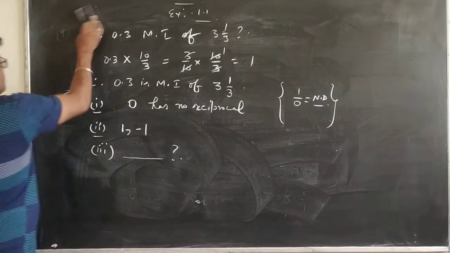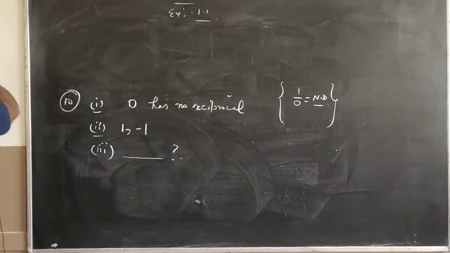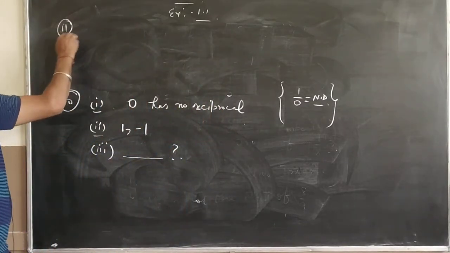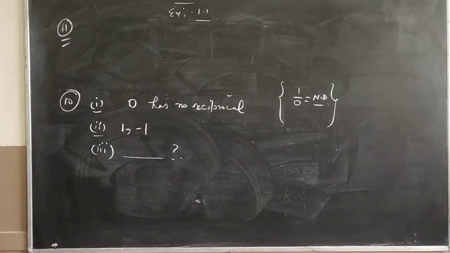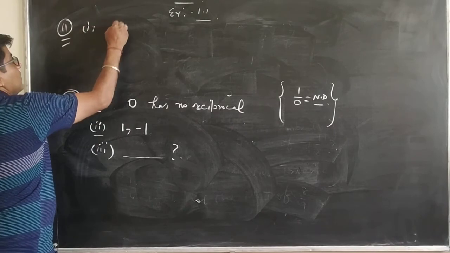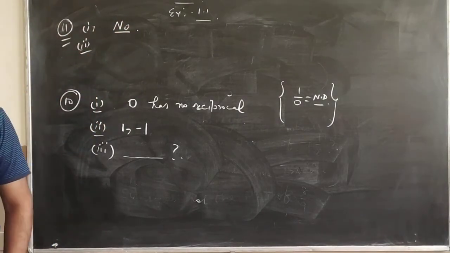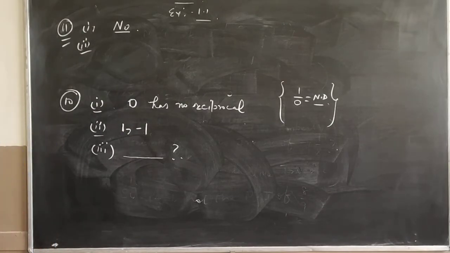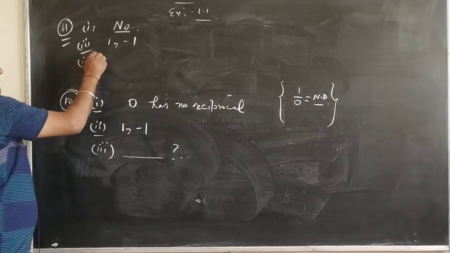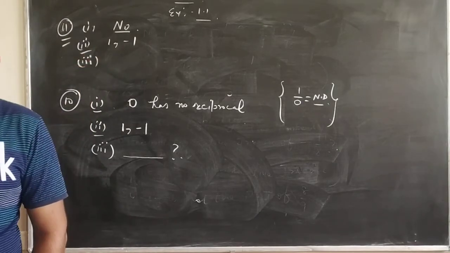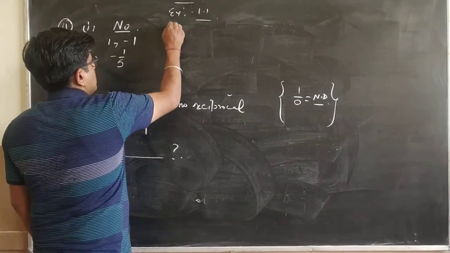Now comes the next question. Question number 11. That is filling the blanks. First one, 0 has dash reciprocal. No reciprocal. Second part, the numbers dash and dash are their own reciprocals, 1 and minus 1. Third part, the reciprocal of minus 5 is minus 1 upon 5.